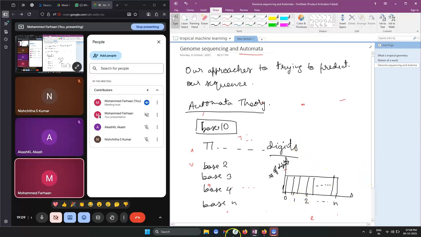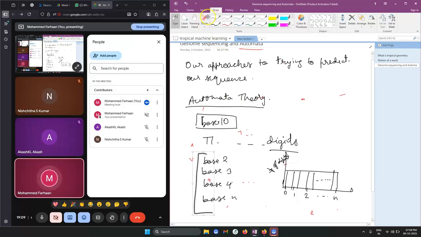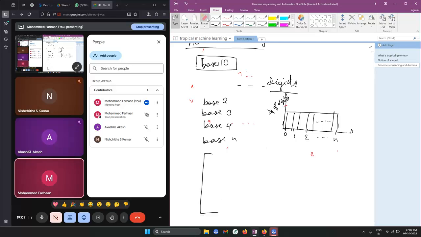Okay, cool. Given that, I'm going to start explaining what we're doing, going from base 2 to base n. We're going to treat the alphabet of our genome sequence as though it is just base 4.